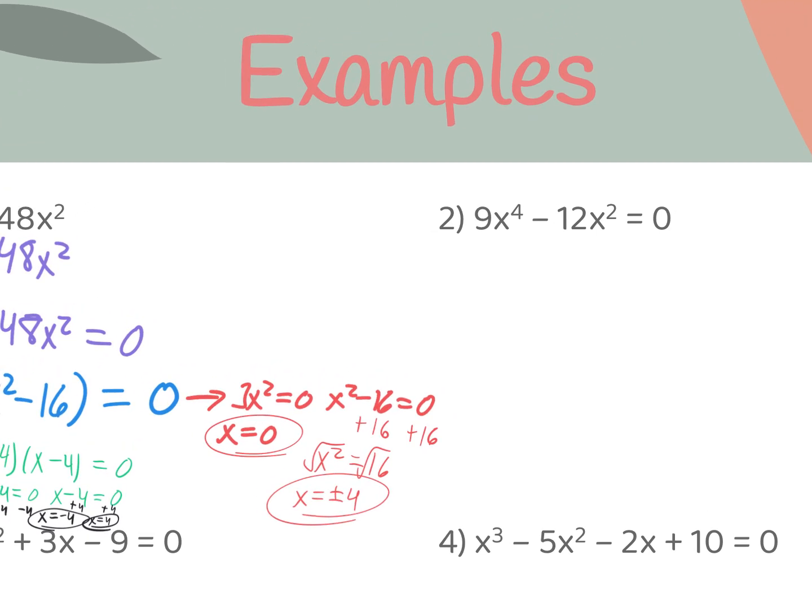It's already set equal to 0, so the first thing we want to do is what? Factor. Okay, let's factor. How are we going to factor this one? Okay, you can take out a GCF of 3x squared. Okay, so let's take out 3x squared.